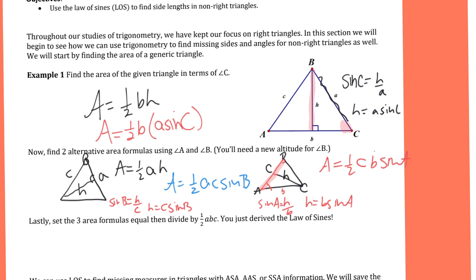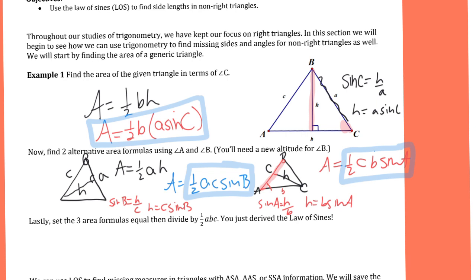So where I'm going with this is that all those are areas, so you can set each of those equal to each other, because they all should be true. The area is equal to this expression, the area is equal to this expression, and the area is also equal to this expression.